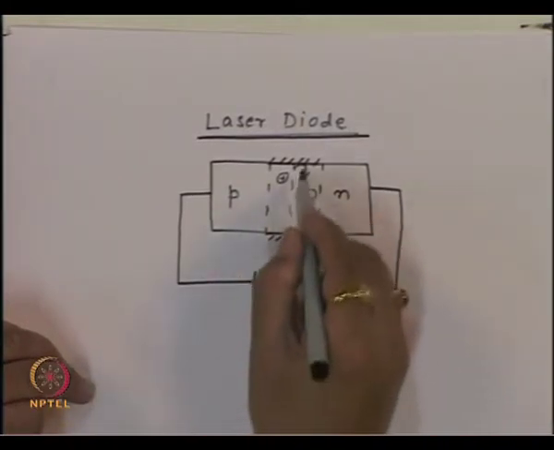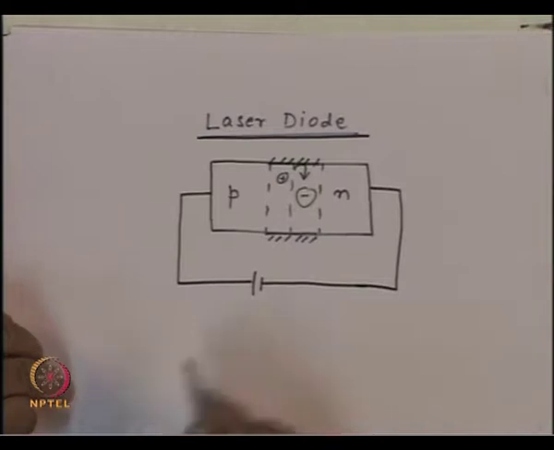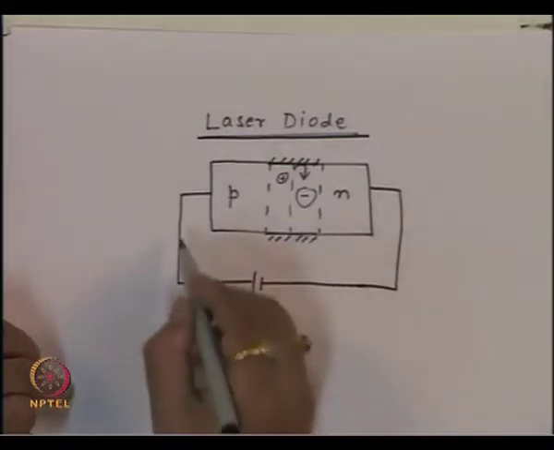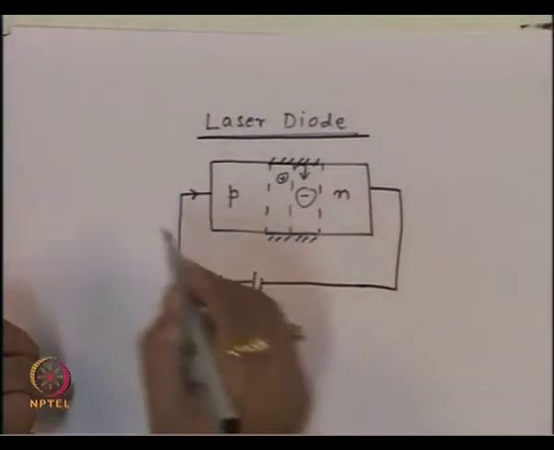We have done some polishing here, so photon is confined in this. We want to find out what is the optical power in relation to what is the current which is flowing inside this device.